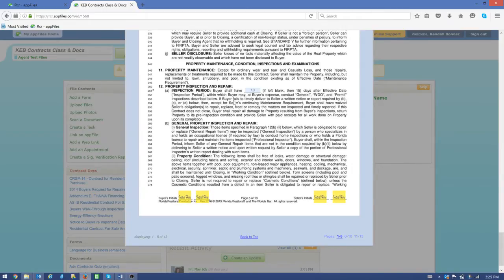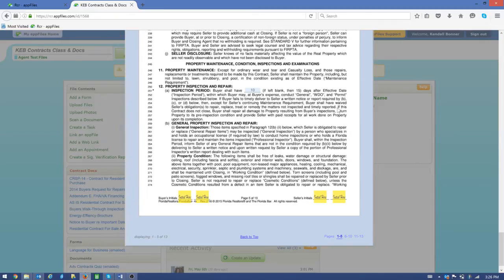If the buyer fails to timely deliver to seller written notice or report required by B, C, or D below, which is your general repair, your WDO inspection, and your permit inspection, then other than the seller's continuing maintenance requirement, buyer shall have waived seller's obligation to repair, replace, treat, or remedy the matters not inspected and timely reported.